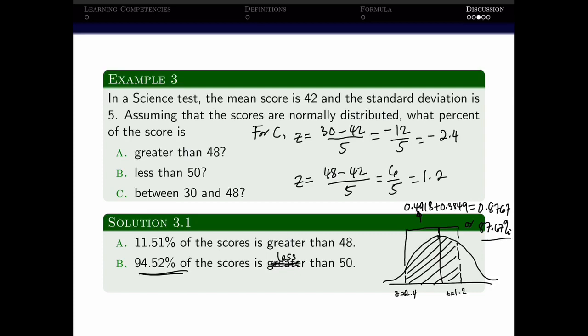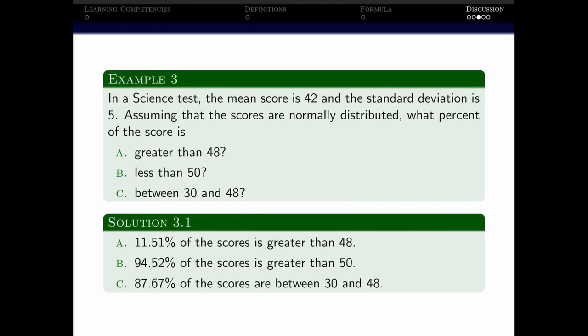Let's see if we got the correct answer. Alright, so here we go. 87.67% of the scores are between 30 and 48. That's it.